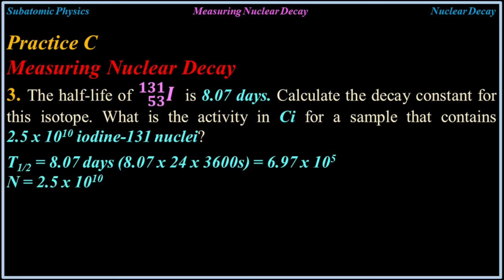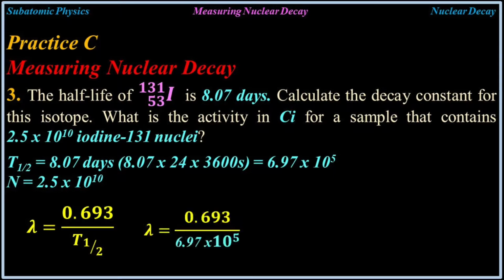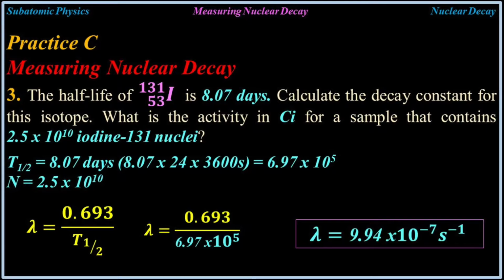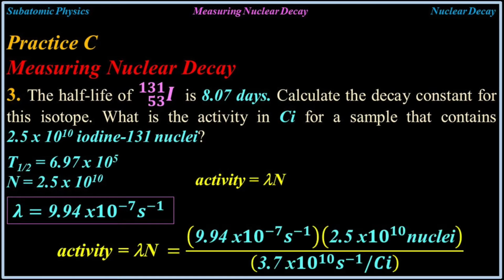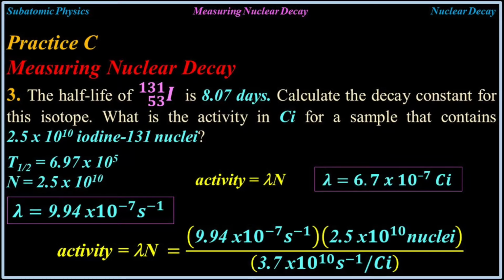There is n, 2.5 times 10 to the 10th, and there's the equation for lambda. Plug into lambda the number of seconds, the half-life, and you get 9.94 times 10 to the negative 7th seconds, negative 1. Activity, plug in, put in the conversion factor, and you get 6.7 times 10 to the negative 7th curies.